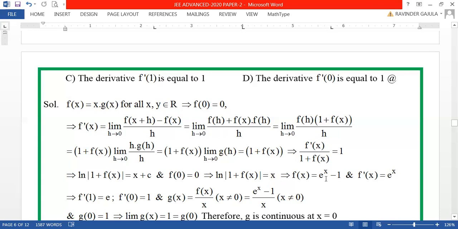You can go with the plus or minus, but I have taken e power x here. Log mod of 1 plus f of x can be taken as 1 plus f of x for positive value, equal to e power x. Got the point here?